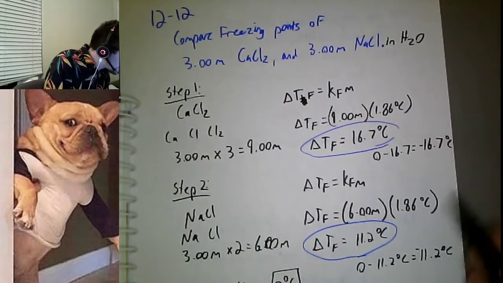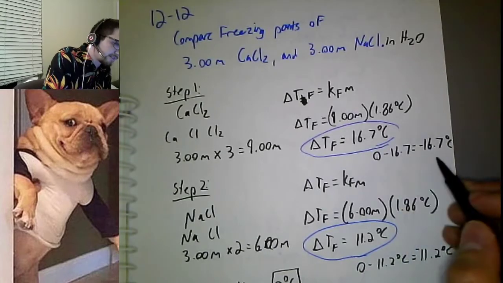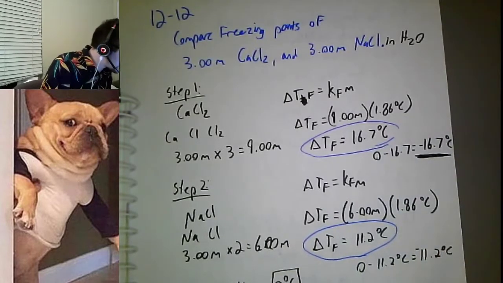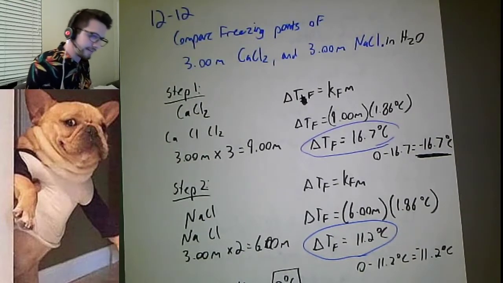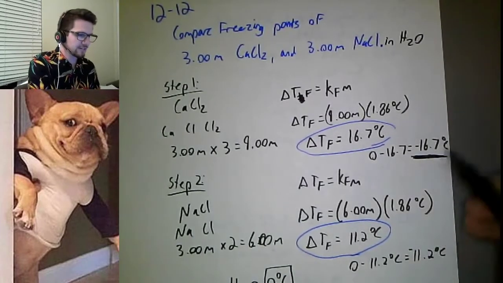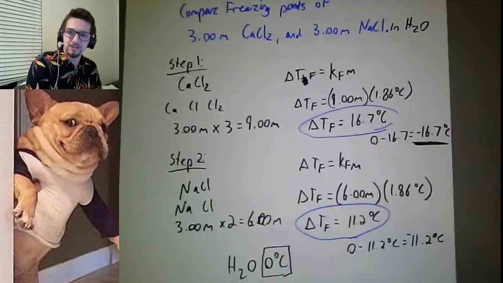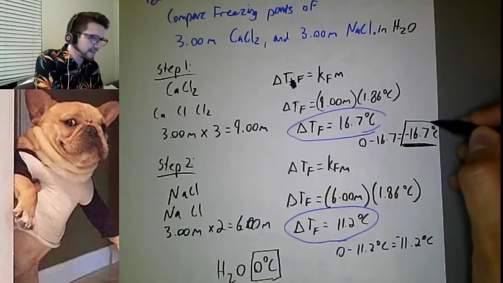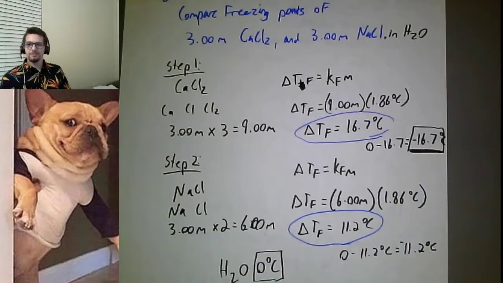So which one is going to take longer to freeze? It looks like it's calcium chloride. And that's it. By how much? About 5 degrees and some change, right? So when it says to compare, you want to basically say which one is going to take longer. This one would. This one has to be at a lower temperature.